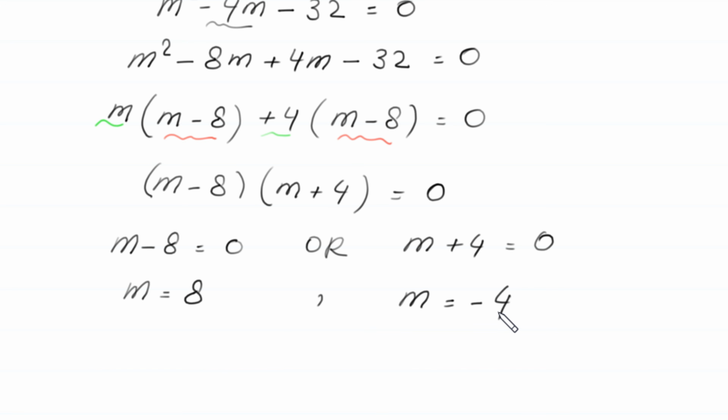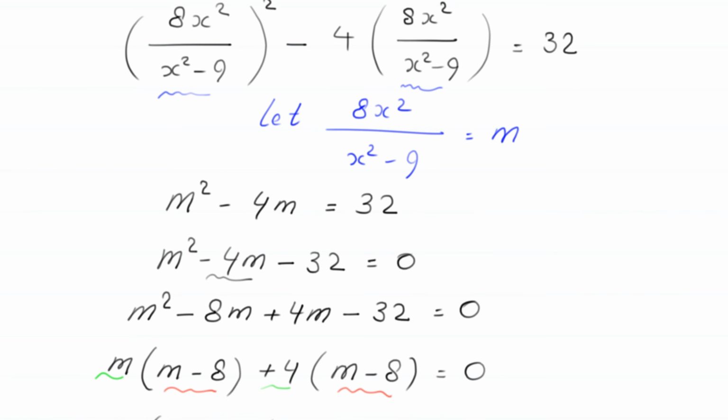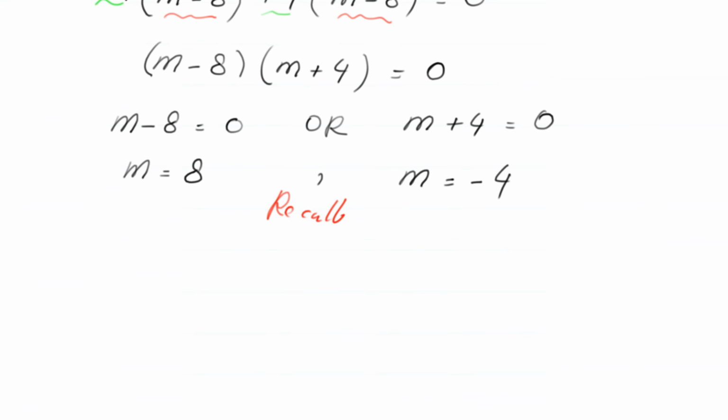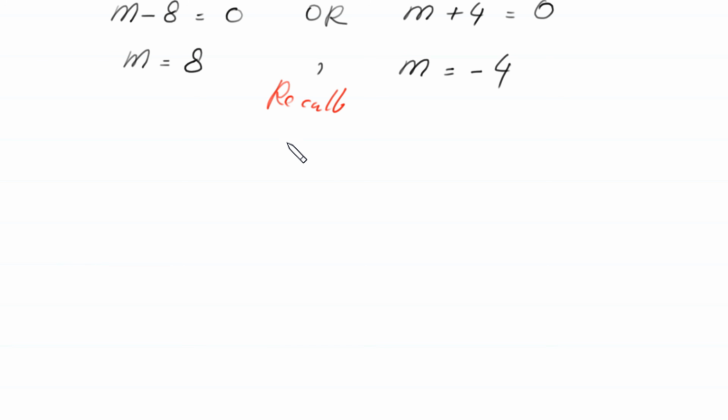Now to find the values of x, recall that we have supposed that 8x squared over x squared minus 9 is equal to m.